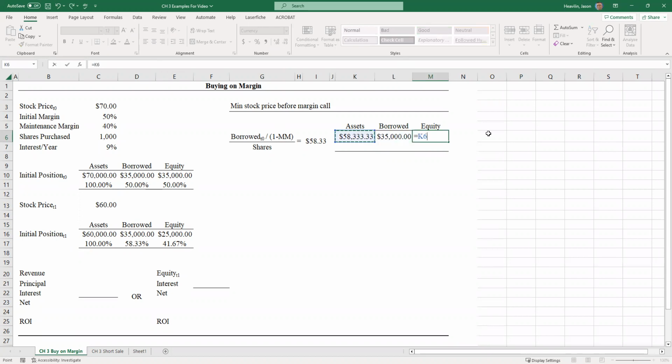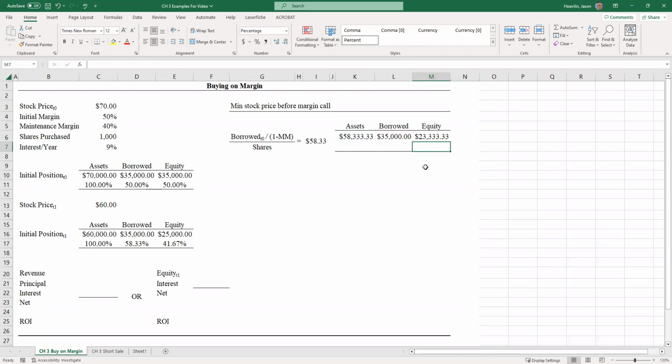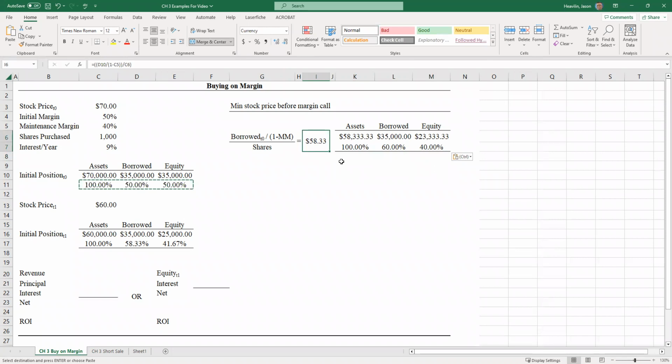And your equity is the difference. Let's look at that in percentages. And as you can see, that's exactly right. A stock price of $58.33 will put you right at the 40%.